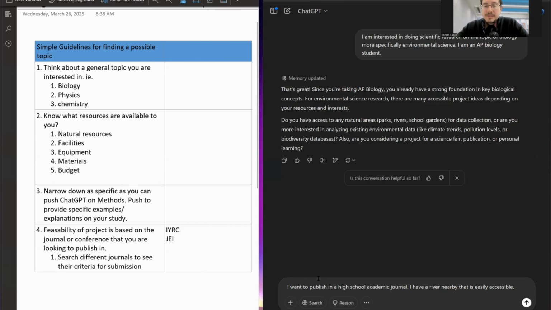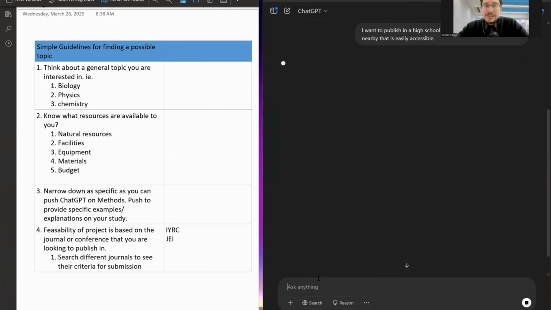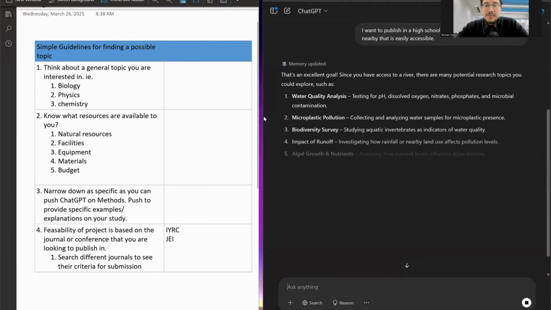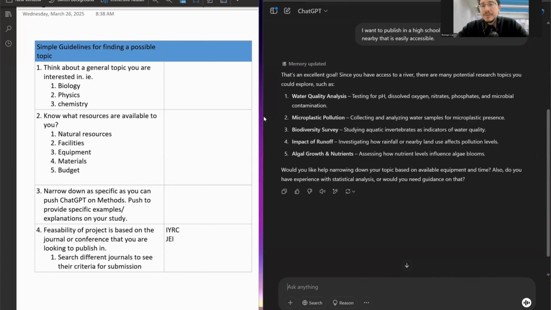So let's continue on. Let's take a look at what they mentioned. So we have access to a river, let's say. Okay. So several topics that you can do. All right, that's an excellent goal. Since you have access to a river, there are many potential research topics you can explore. Water quality analysis, that is a pretty good one: testing for pH, dissolved oxygen, nitrates, phosphates, microbial contamination.